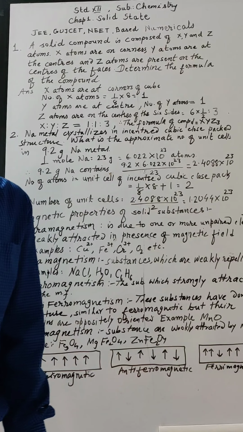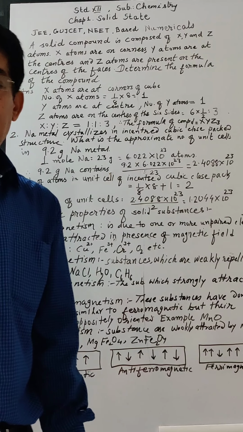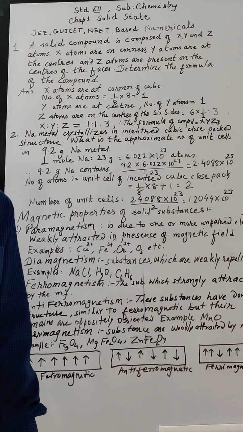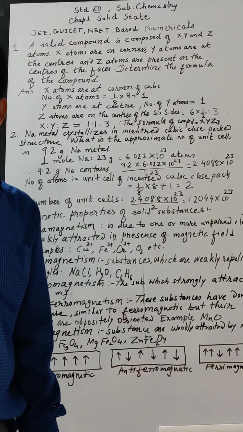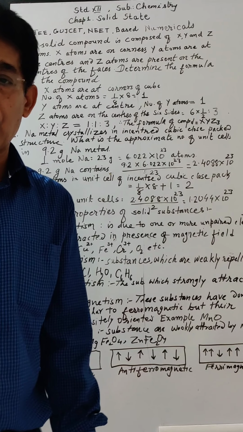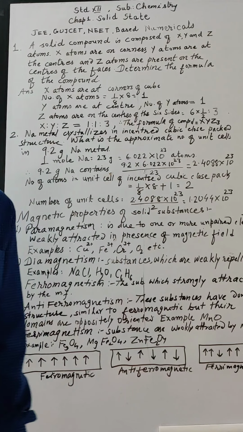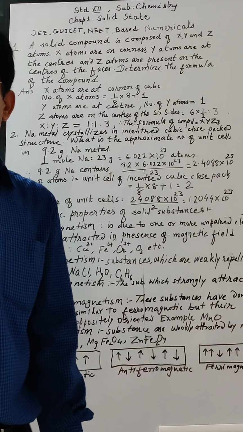Remember, the total number of atoms in simple cube is 1. Total number of atoms in body centered cube is 2, and in face centered number of atoms are 4.